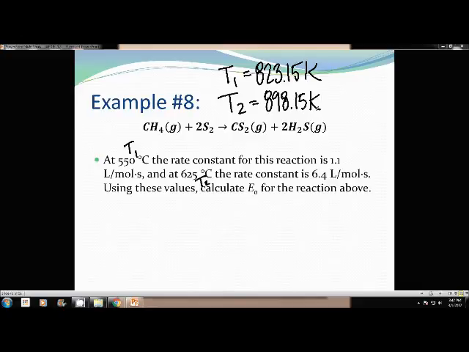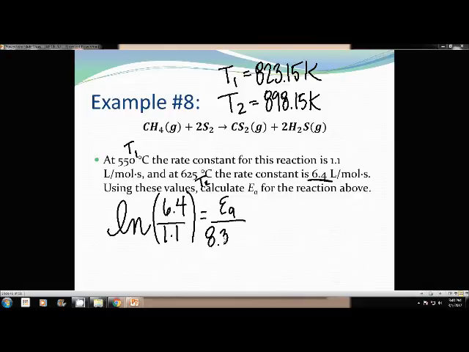Okay? So plugging into that other equation, which remember, is the natural log of K2 over K1. So K2 will be the second, 6.4, over the first, which is 1.1, is equal to the positive activation energy over R, which is 8.3145, times the inverse of T1 in Kelvin, 823.15, minus the inverse of T2, which is 898.15.